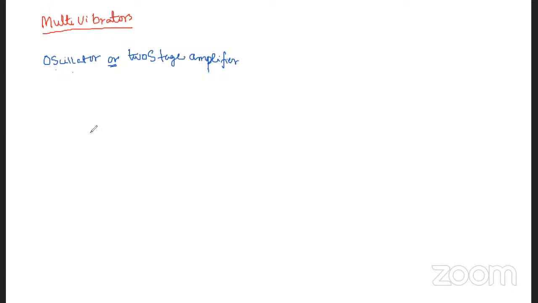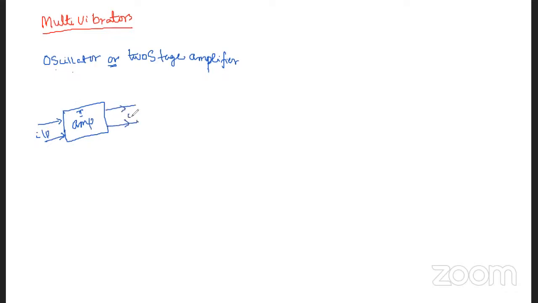In this multivibrator, two transistors are coupled in such a way that the output of one amplifier provides an input for the other amplifier. Suppose this is the first amplifier, and this is the input we give. You can expect the output from here.